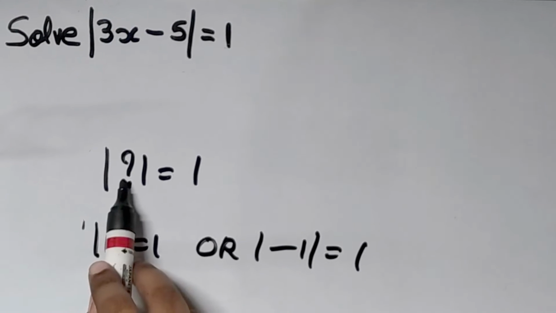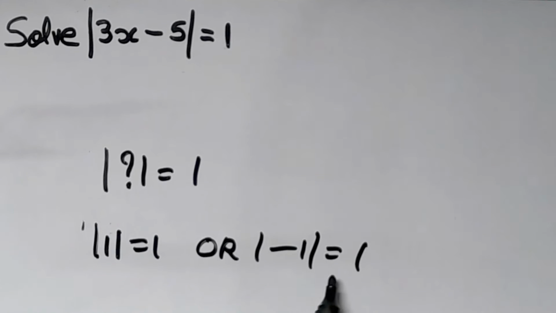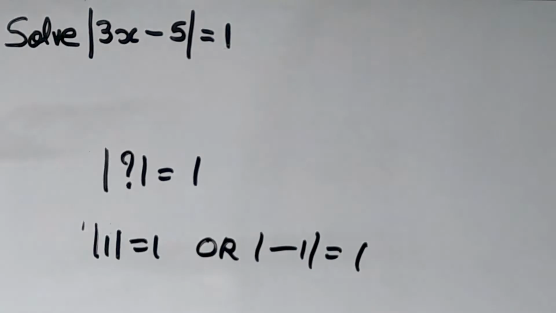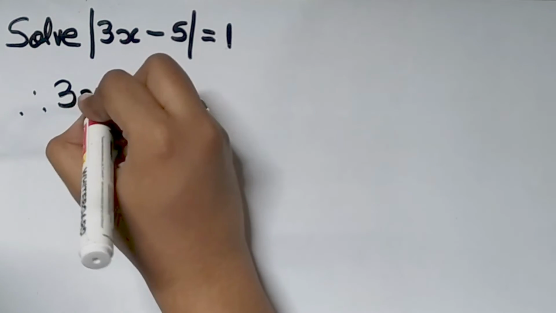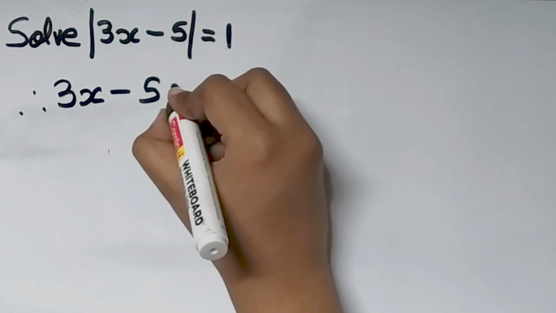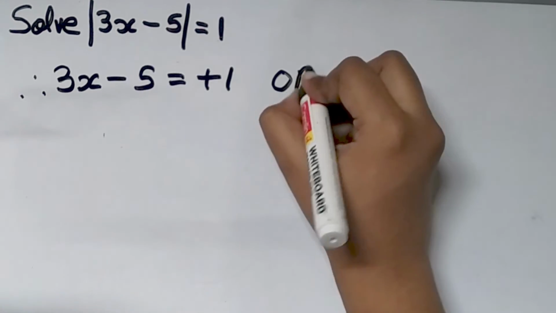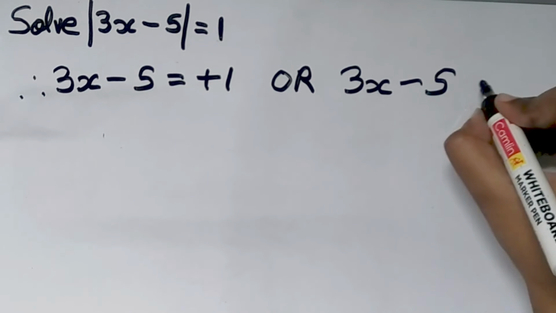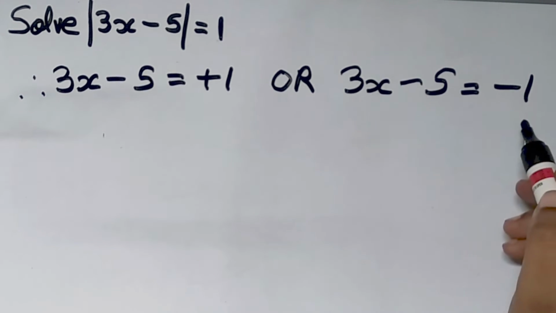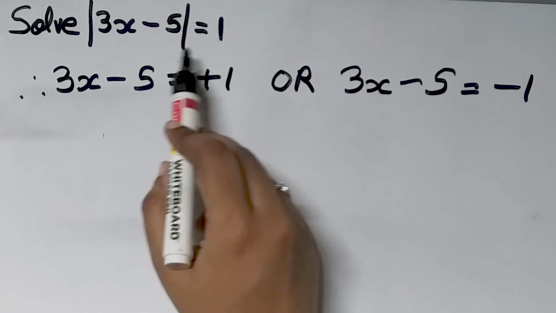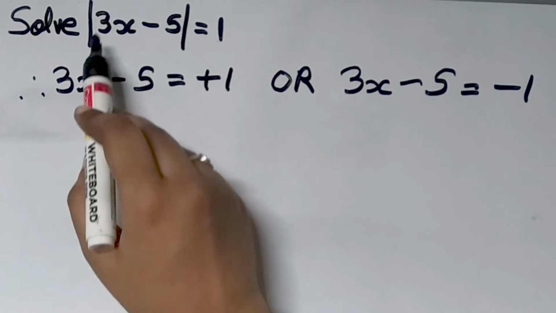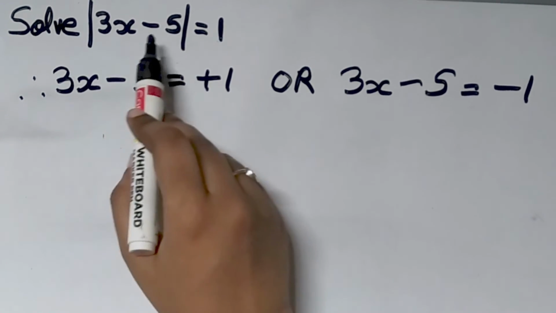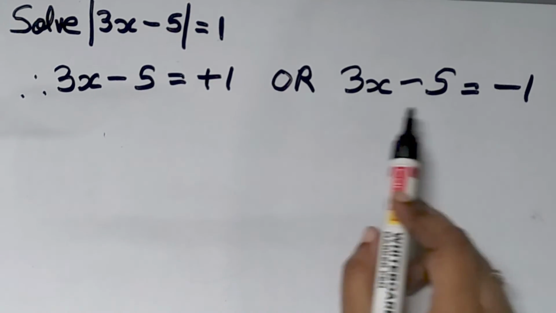Therefore 3x - 5 = 1 or 3x - 5 = -1, because after applying the mod sign we get 1, so inside the modulus sign we can have plus 1 or minus 1.